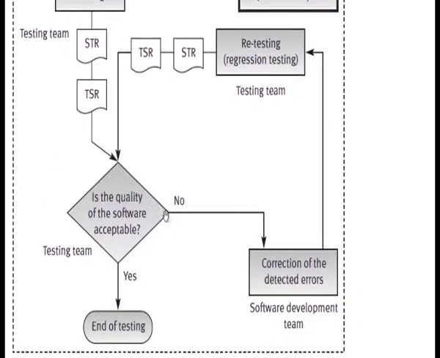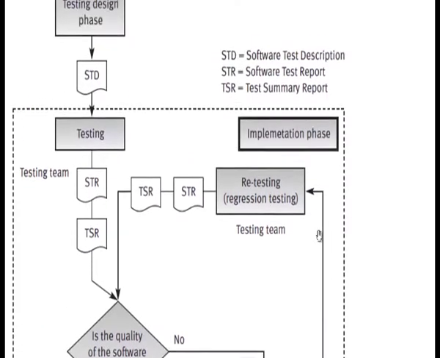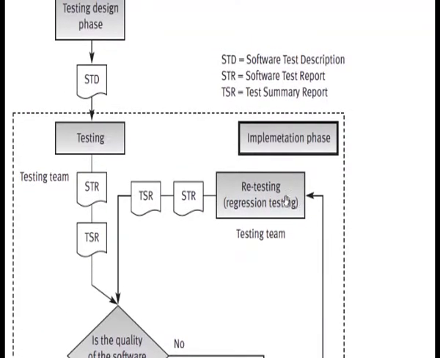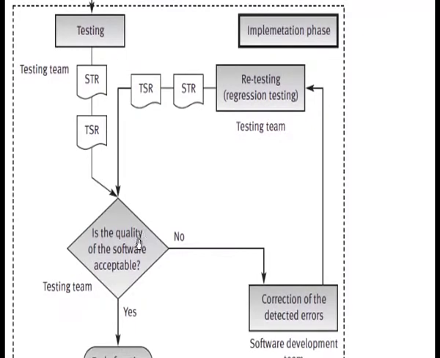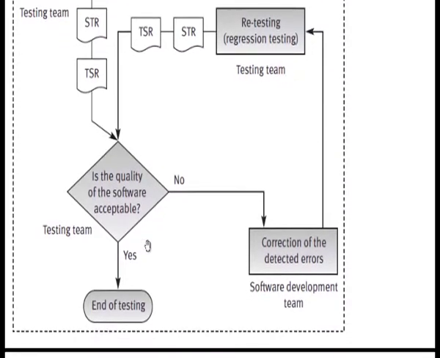If no, correction of the detected errors by the software development team, then retesting the software, software test report is prepared, test summary report is prepared and again you check whether the quality of the software is acceptable. This process is repeated until the quality of the software is acceptable.